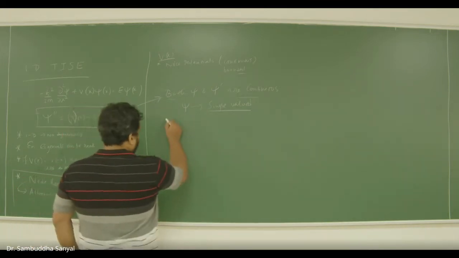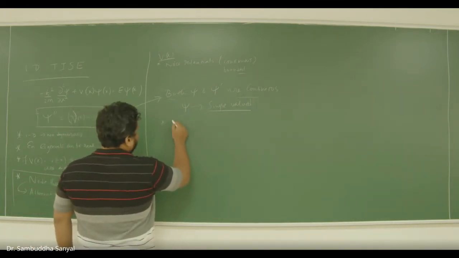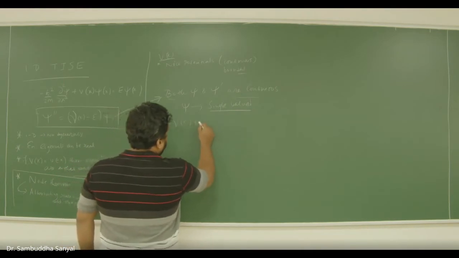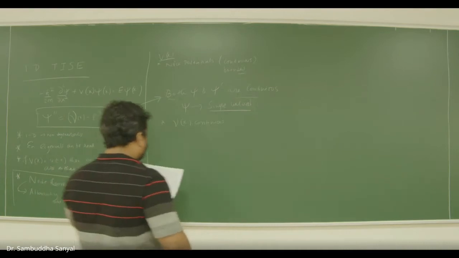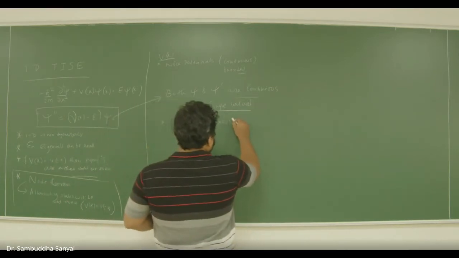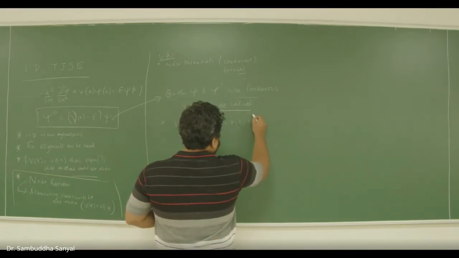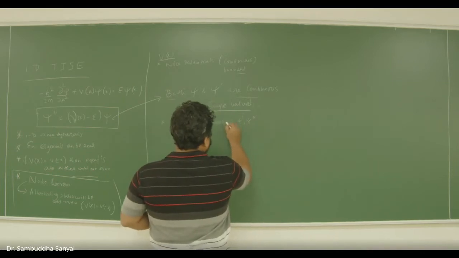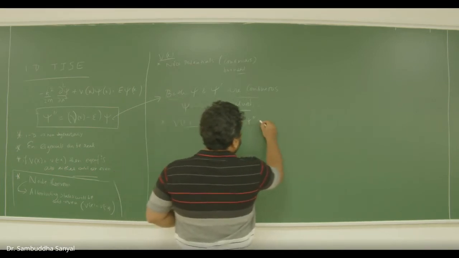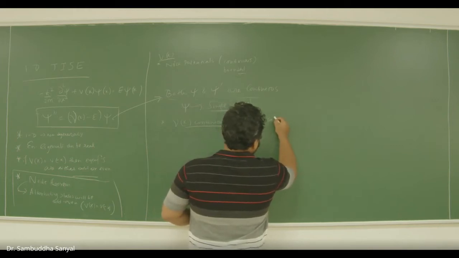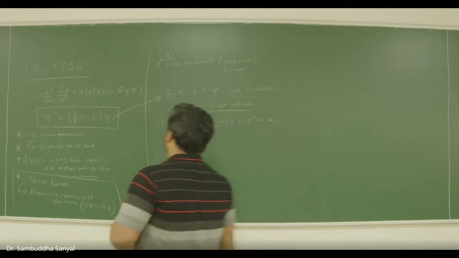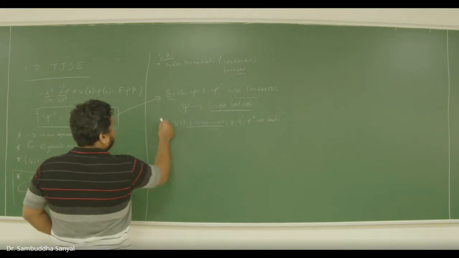So the first case is nu x is continuous. Then everything is in order. Then psi prime, psi double prime, all are continuous. So this is the first case.